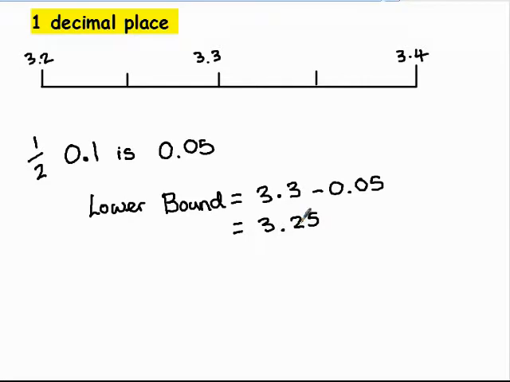If we round 3.25 to the closest 1 decimal place, we're going to get 3.3. So therefore anything above that up to 3.3 will give us 3.3 as our answer. So this still works. What would the upper bound be?